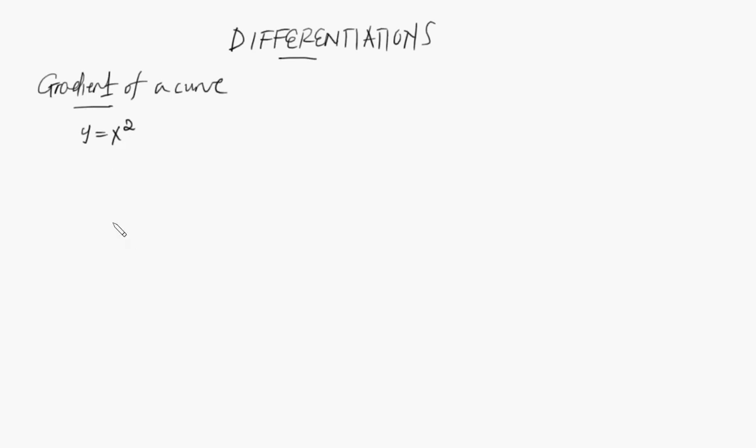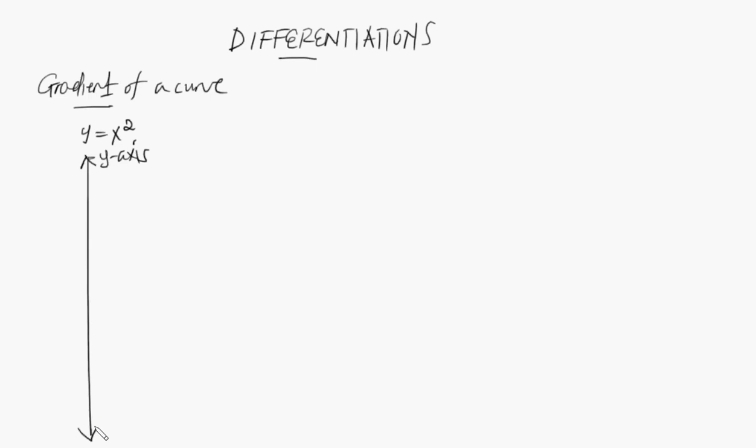Consider that function there. If I draw the graph of this particular function, let's say we have a y-axis. This one is a y-axis.